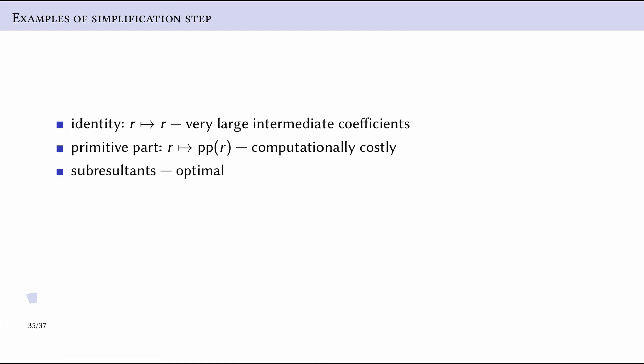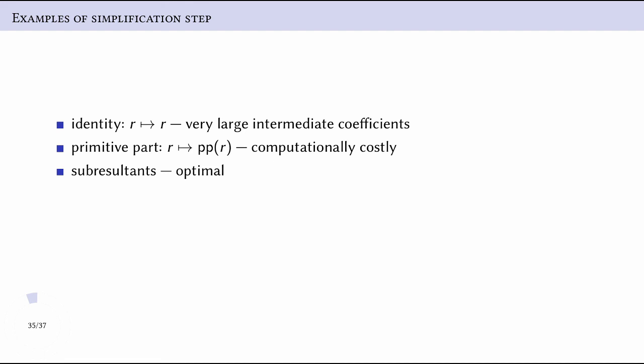It takes a polynomial and should return a polynomial with the same primitive part, but preferably with simpler coefficients. There are two obvious candidates for this function.